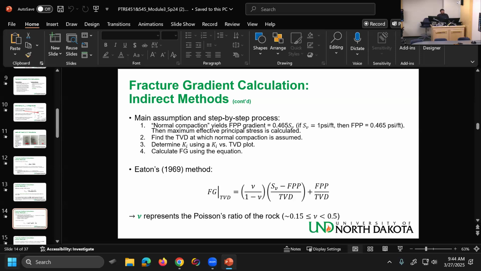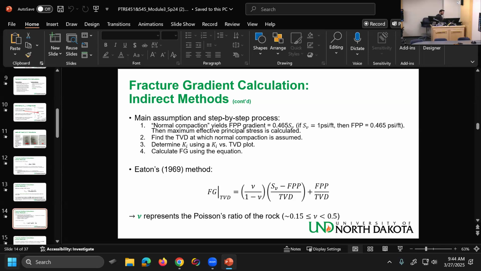Eaton's, we talked about how Eaton has the Poisson's ratio varying. Never ever give a Poisson's ratio bigger than 0.5, okay? Something is wrong if you read a Poisson's ratio bigger than 0.5.